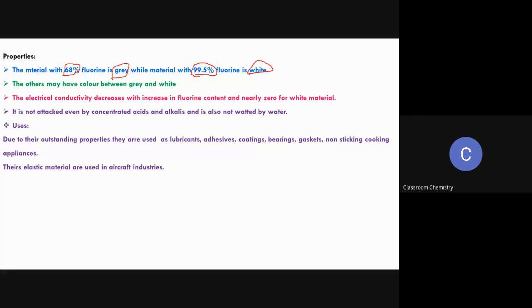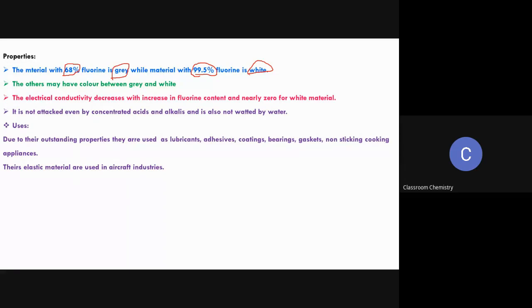So what is that? The pure form of the fluorocarbon, it means the percentage is above 99%, then it does not show electrical conductivity. But in the gray form, where the fluorine content is very less, it acts as an electrical conductor.